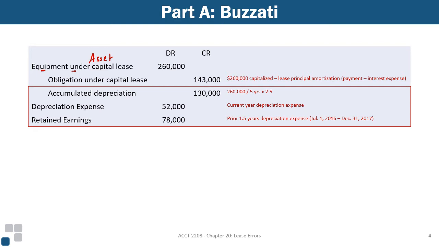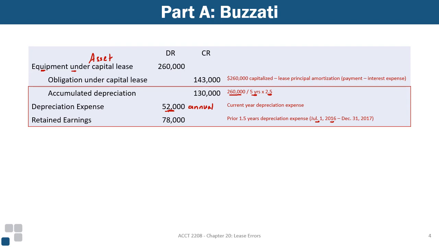Now, remember the lease went into effect on July 1st, 2016, and we are now at the end of 2018. So that's a total of 2.5 years. We would calculate the depreciation expense as the cost minus the residual value of 0, divided by 5 years, which gives us $52,000 in annual depreciation expense.